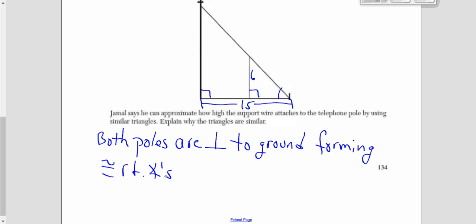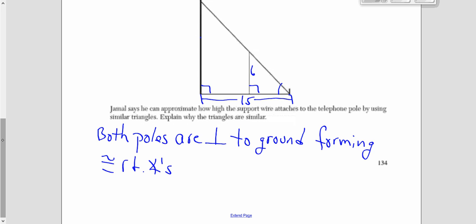And what did you say, Lily, before? And they share the angle, right, with the angle with the ground. And they share the angle with the ground.